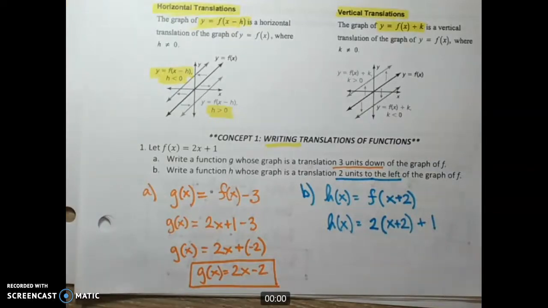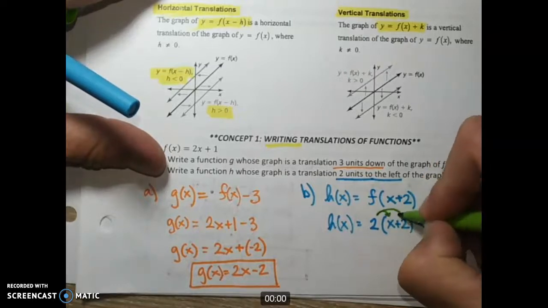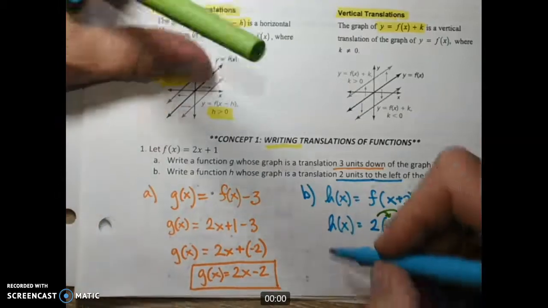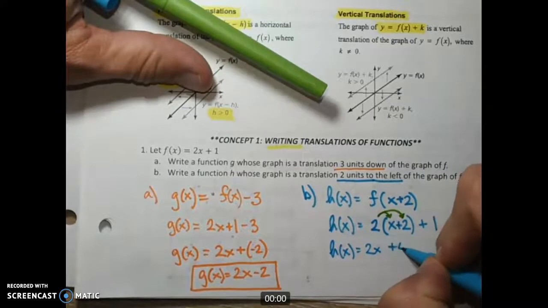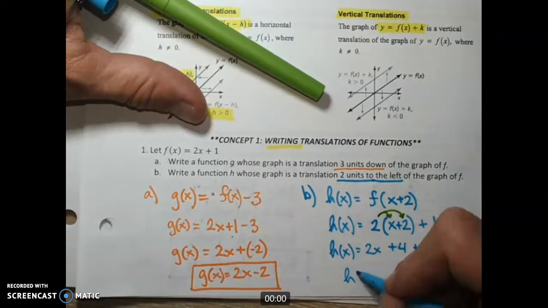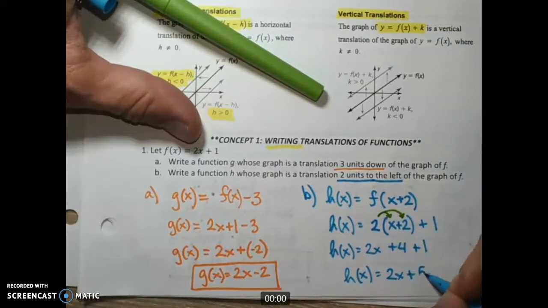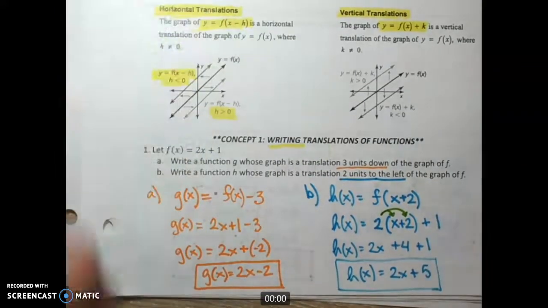Now the next step is to simplify the right-hand side. Now what I need to do here is distribute that 2 in. So I get h of x equals 2x plus 4 plus 1. And now combine 4 and 1, and h of x is equal to 2x plus 5. And voila, I am done.